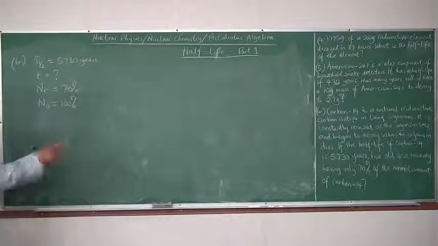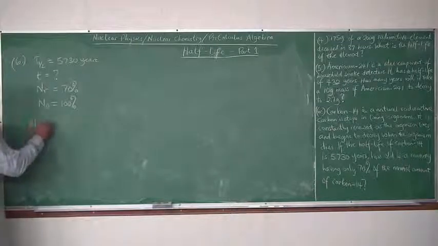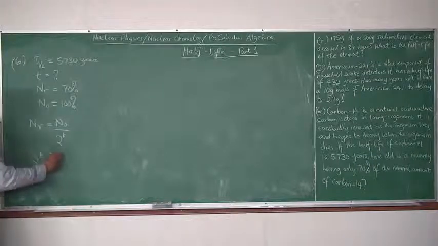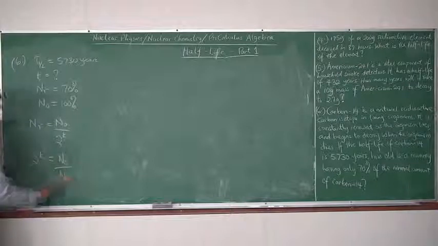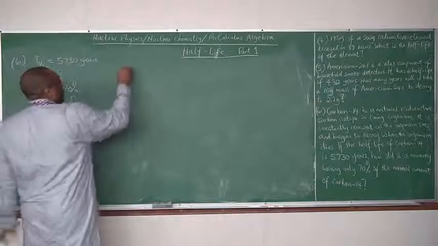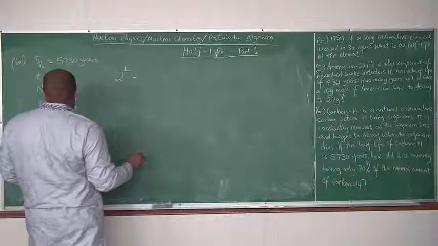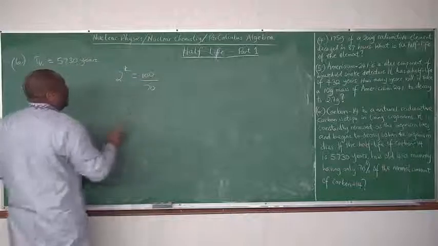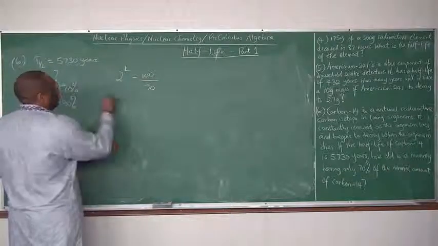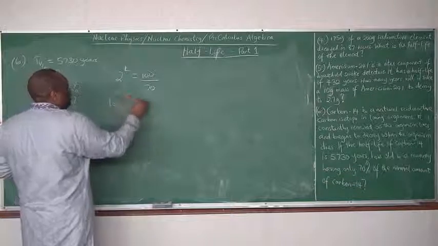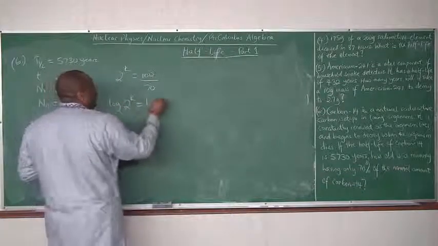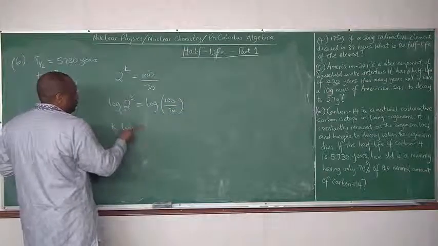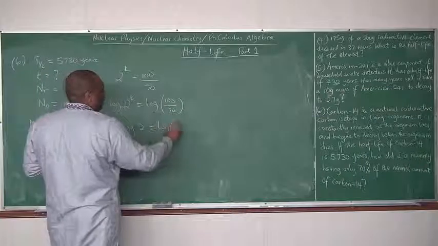If I do it my way that I like, 2 exponent k will be NO over NR. That means 2 exponent k will be NO, in this case 100, over NR, 70. I have to introduce a log. So log 2 exponent k is log 100 over 70. K log 2 will be log 100 over 70.